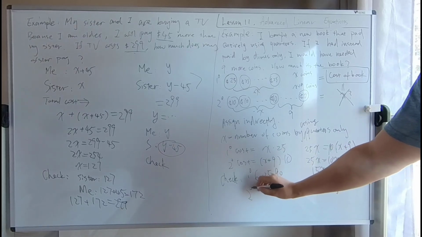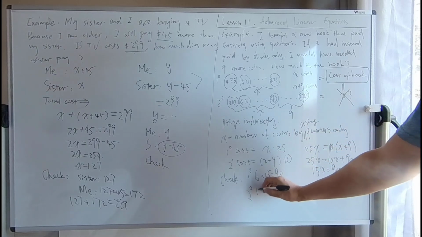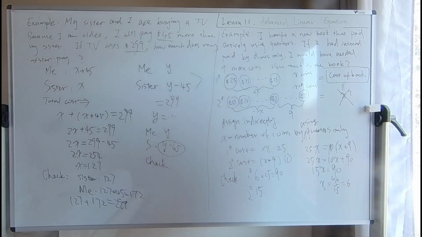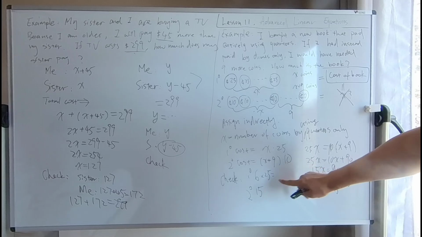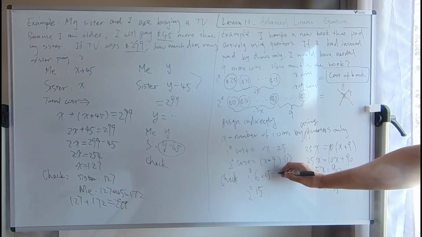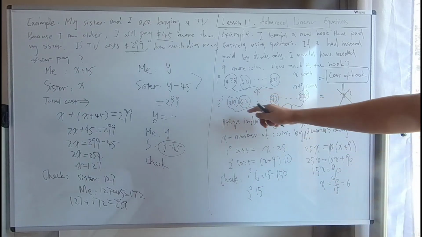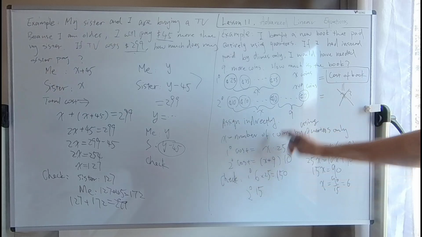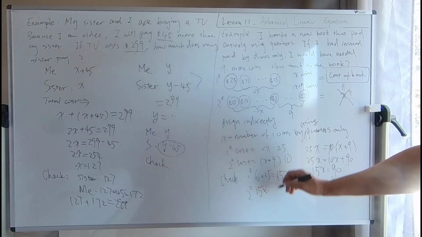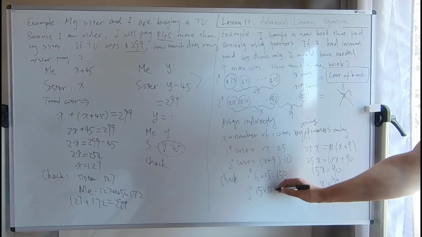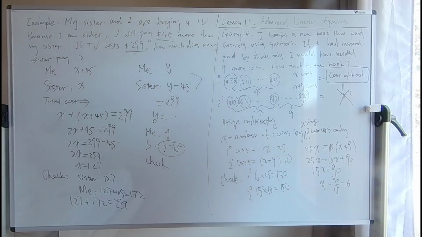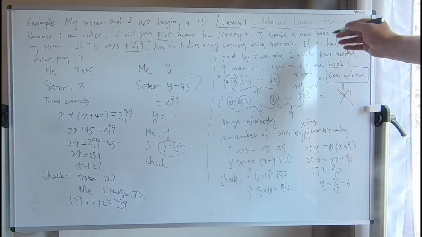Or in option 2, I need 15 coins. Each coin values 10 cents, so it's also 150 cents for the book. So this validates that my solution is correct when plugging back into the word problem.